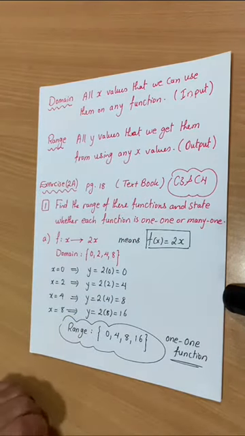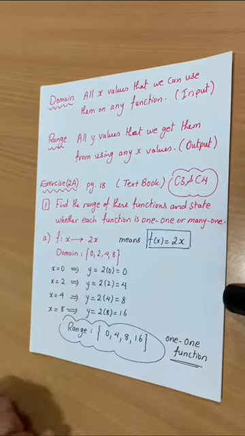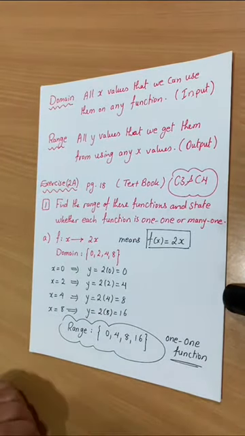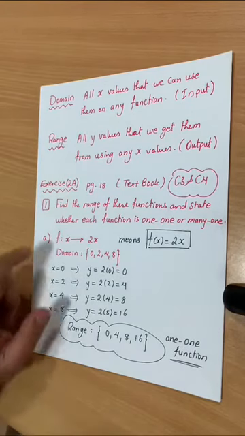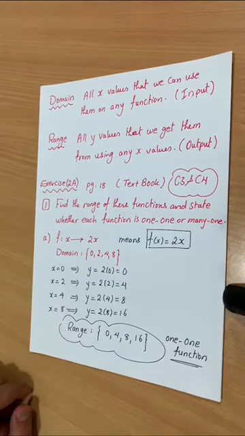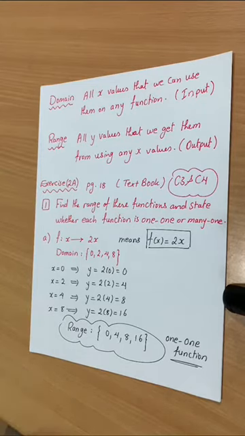We start on exercise 2A from the textbook, page 18 from the C3, C4 textbook, and you have the PDF copy. Question number 1: find the range of these functions and state whether each function is one-to-one or many-to-one.